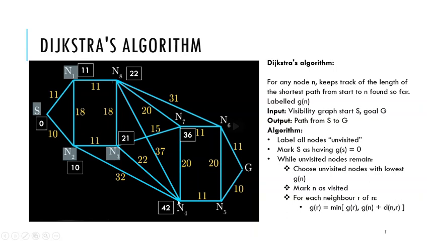Now which paths are remaining? This one and this one. This is unvisited, and because this is the shortest, we will visit it next. And now we will see what branches are extending from n8.